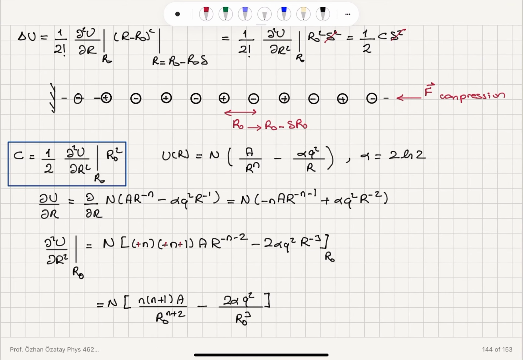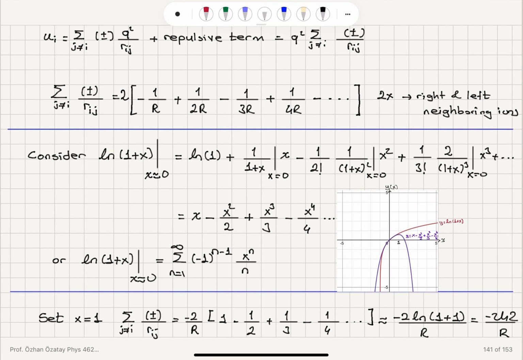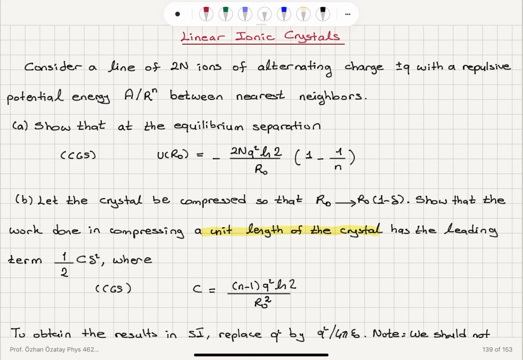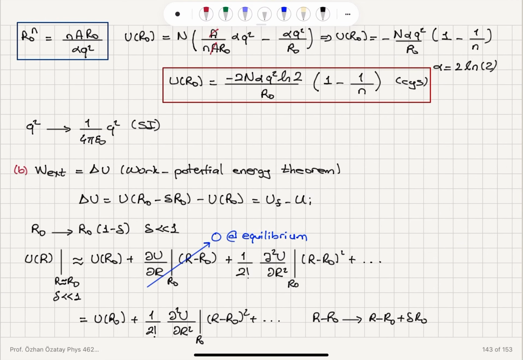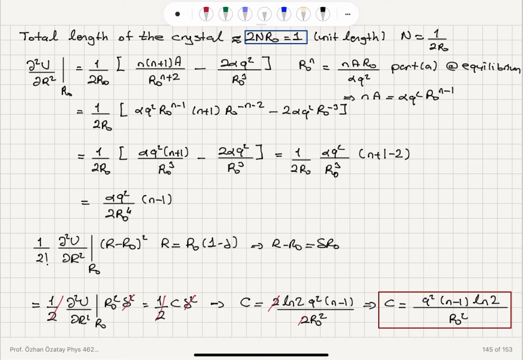So let's see if that's the suggested answer. The suggested answer for c was n minus 1 q square log 2 divided by r0 square. Once again, this result is a CGS result. For SI, q square will be replaced with 1 over 4 pi epsilon 0 q square.